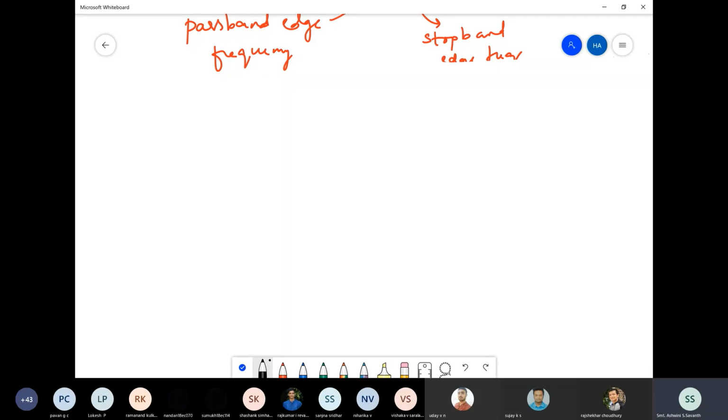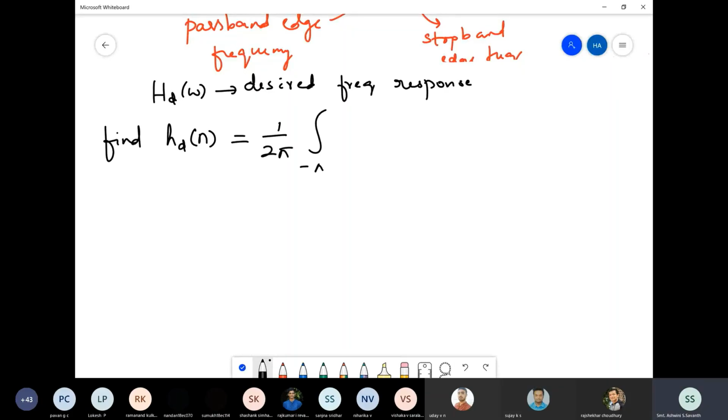Like I told you, HD of omega, the desired frequency response, will be given to you. Using the inverse DTFT formula, find HD of n. So what is that formula? 1 by 2 pi integral from minus pi to pi of HD of omega e power j omega n d omega.